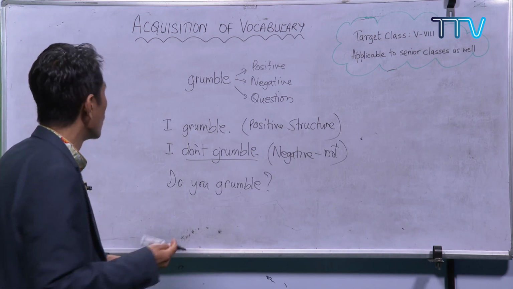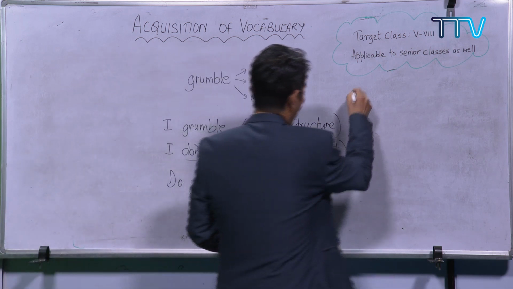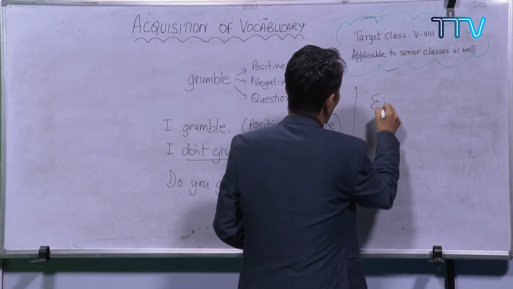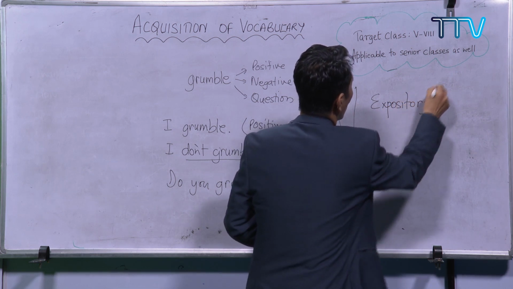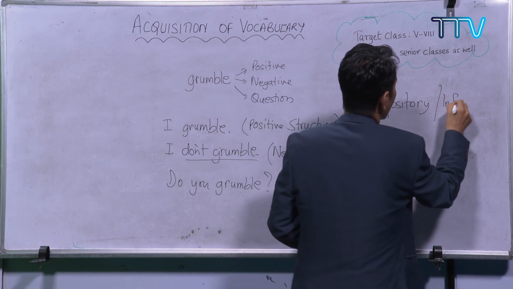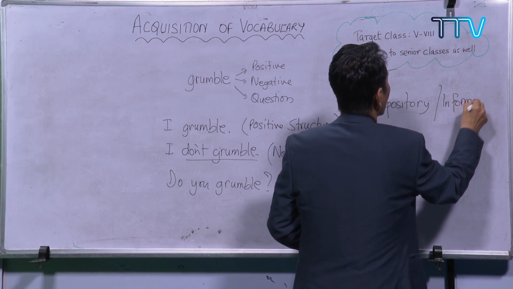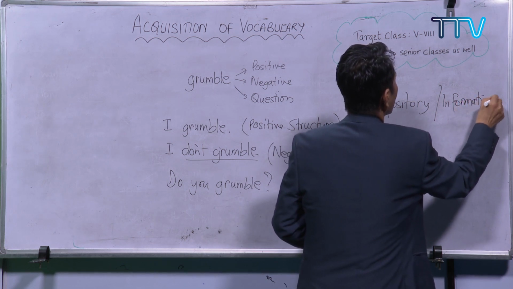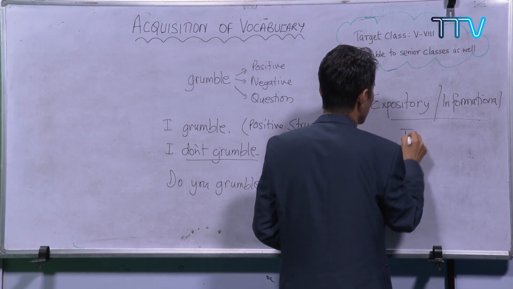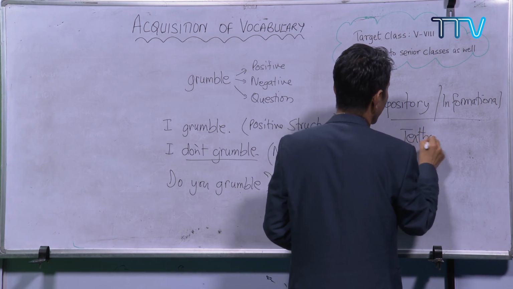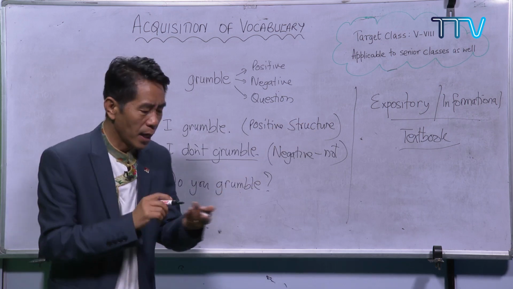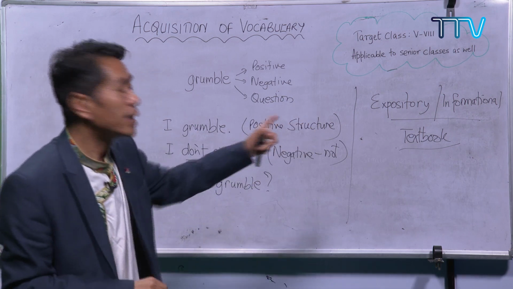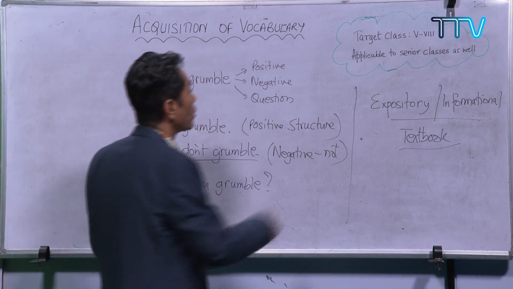The second one, when we talk about expository or informational writing, these are all textbooks. So you all have to read textbooks. Now when I say textbook, English textbooks are already there. Now what about the other textbooks?